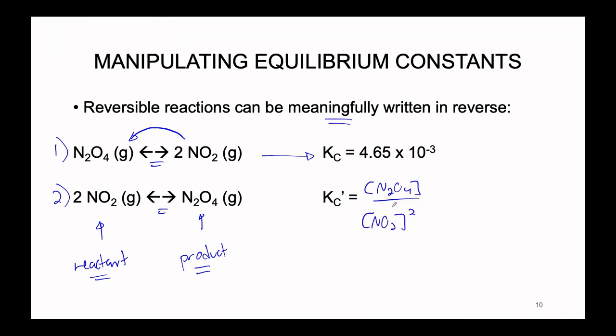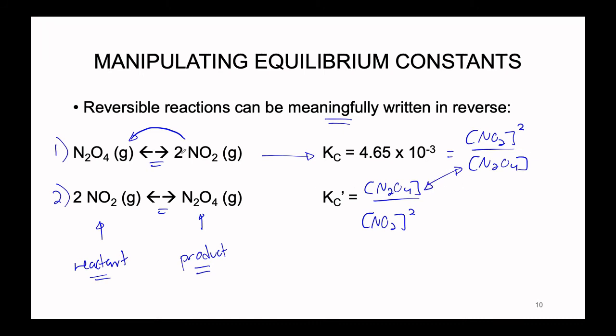This expression is the exact inverse of the first one, because we calculated our first Kc by dividing the concentration of NO2 squared by the concentration of N2O4.